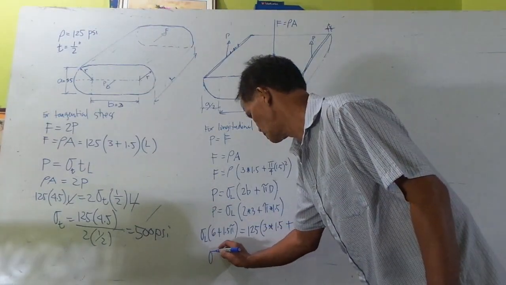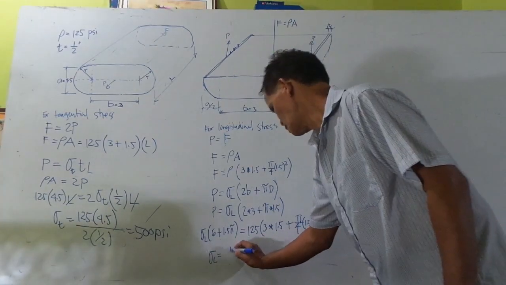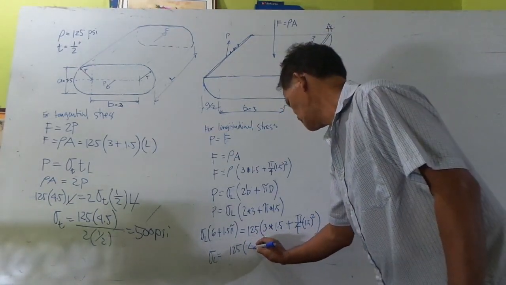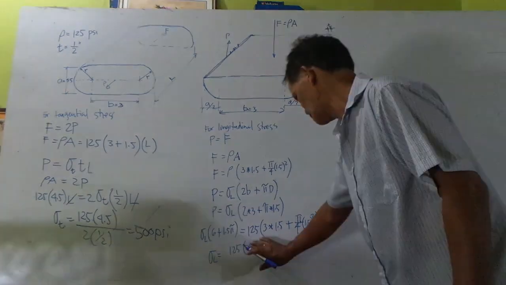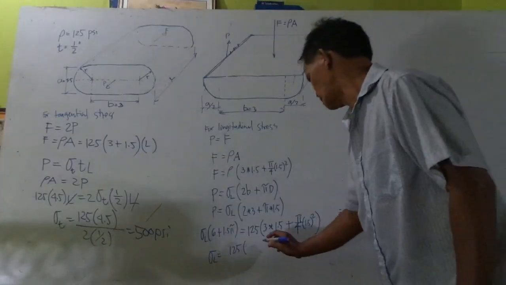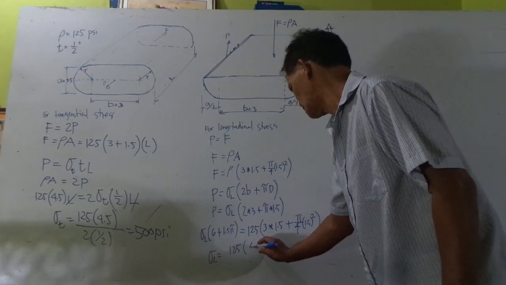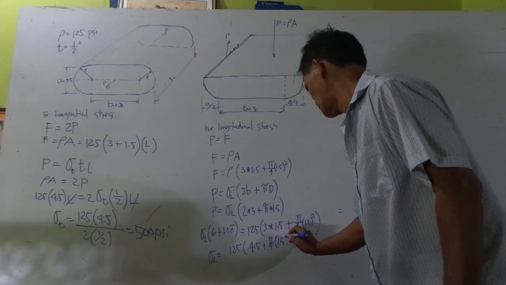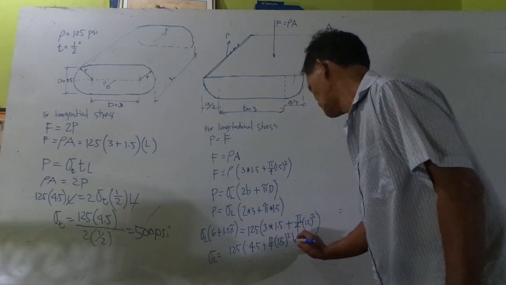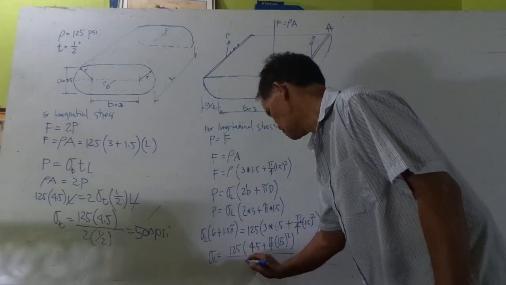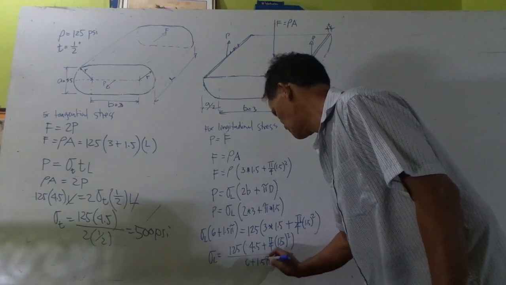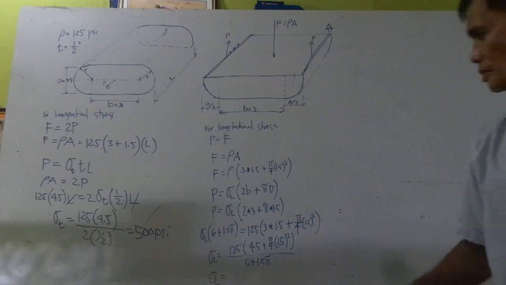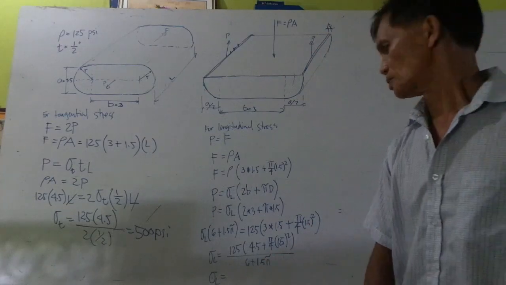Then you have 125 times 4.5 plus pi over 4 times 1.5 squared, all over 6 plus 1.5 pi. Now just compute the answer. Okay.